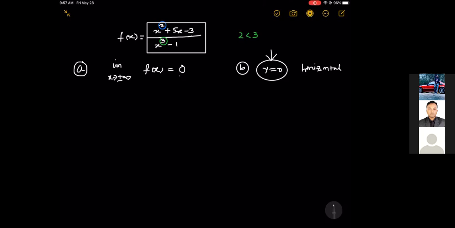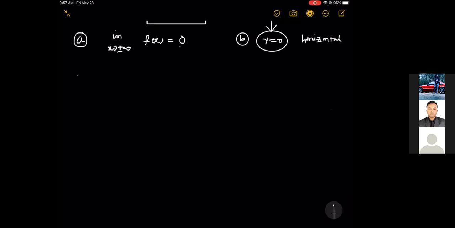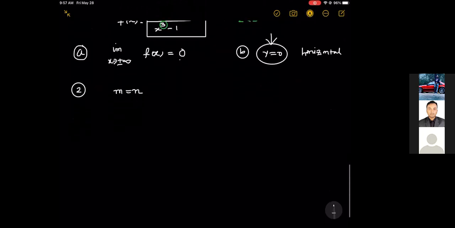Let's see the next one. So number 2 says if the degree of the numerator is equal to the degree of the denominator, that means if m is equal to n, then we say that whenever x tends to positive or negative infinity, our function will approach a to the m over b to the n.